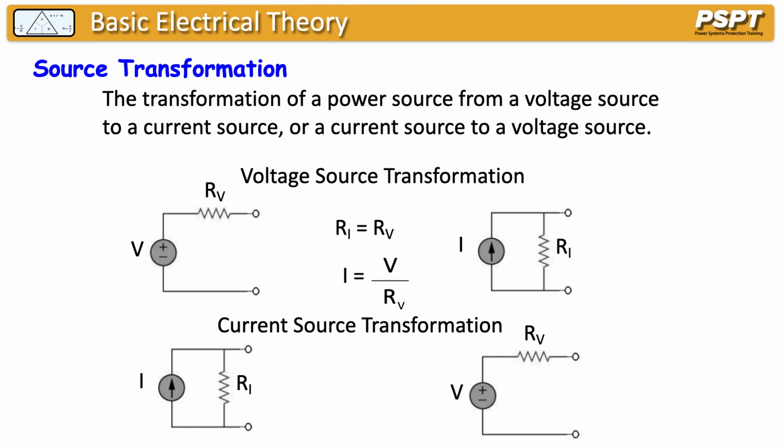In this case it's a current source, so we replace it with an open and measure the resistance, which is simply the resistance R subscript I. So now we want to determine what the source voltage will be. This is simply the voltage across the terminals if we let the source current run through the internal resistance. Which again, using Ohm's law to obtain the voltage source would be the current times resistance. We now have a way of converting a current source to a voltage source.